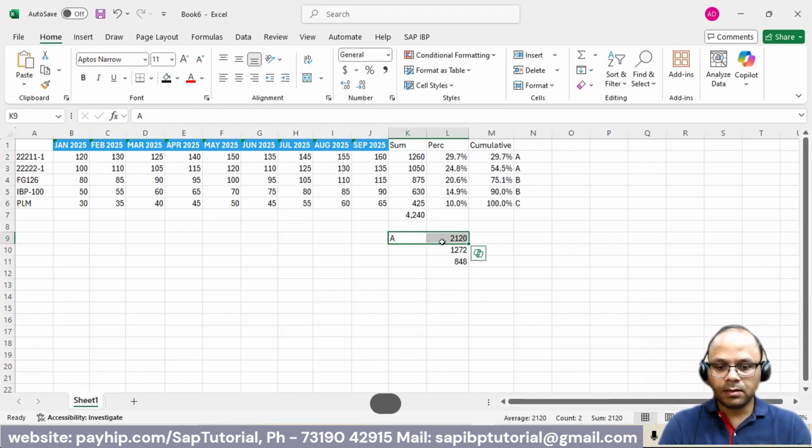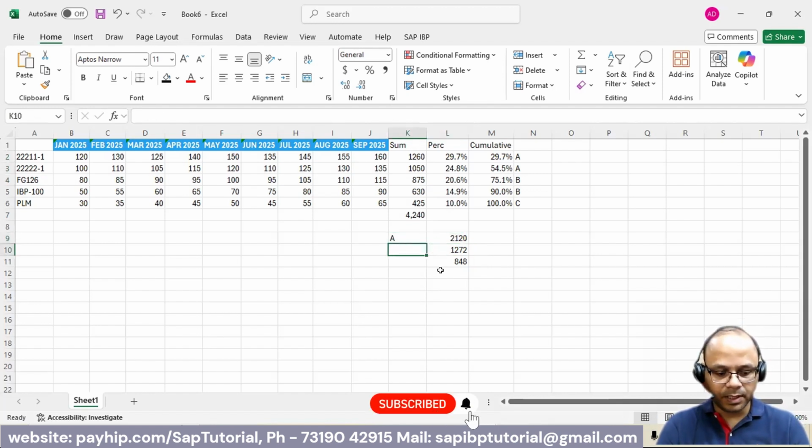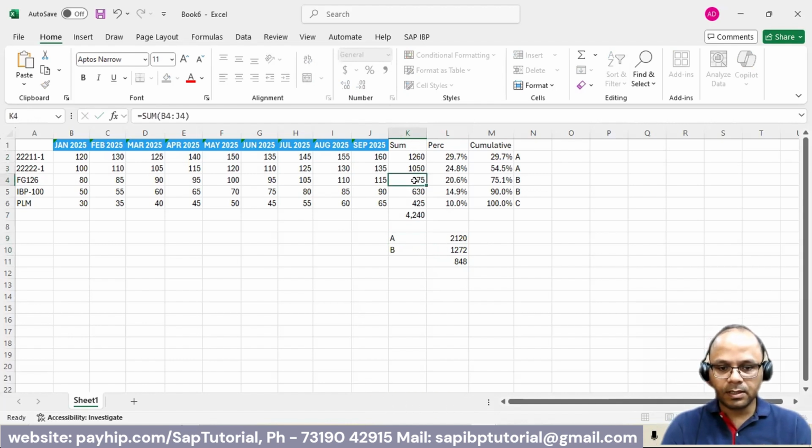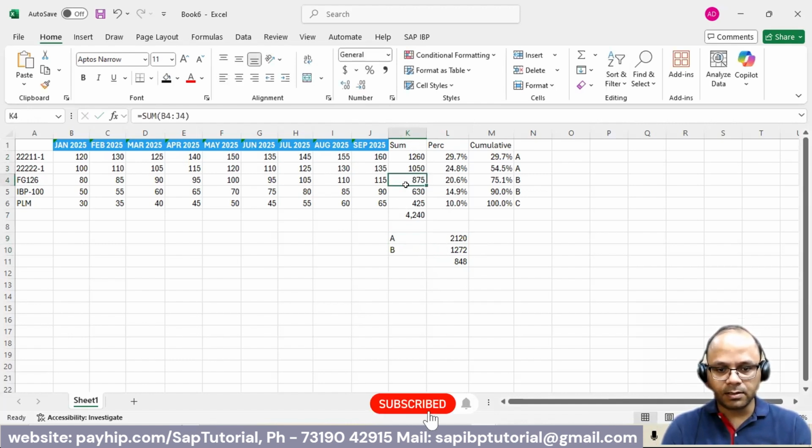Now, the 1272 threshold is for B categories. We see that 875, this product, is less than 1272. So there is some more room. So the sum is 1505, so it is covering this 1272 threshold.